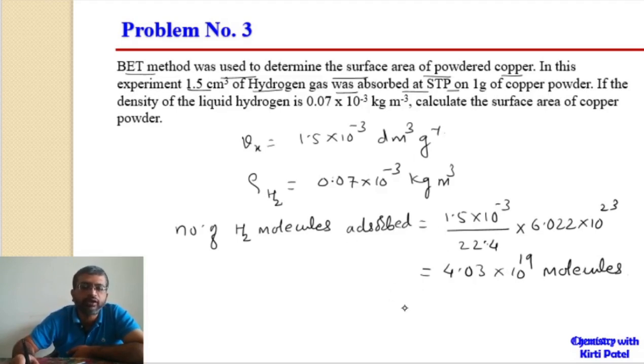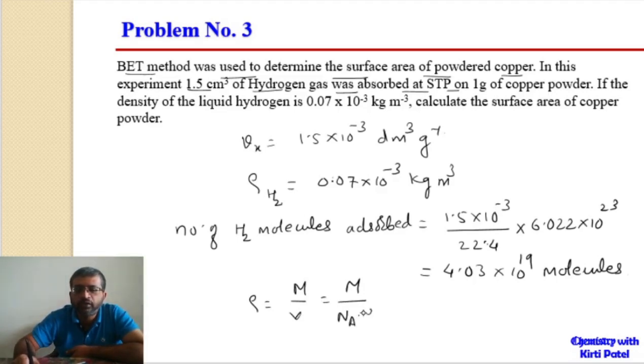We need to now calculate the area of cross section. The area of cross section can be calculated from the liquid density. What we know is that density is equal to mass upon volume, and this mass will be molecular mass. If we divide it by Avogadro's number, it will give us the mass of each of the molecules.